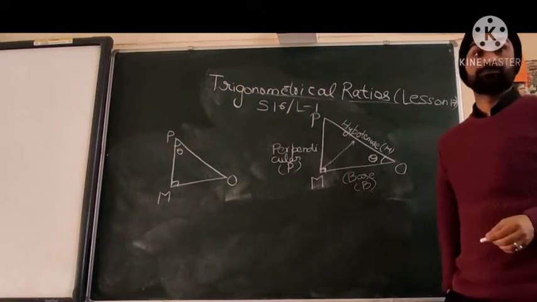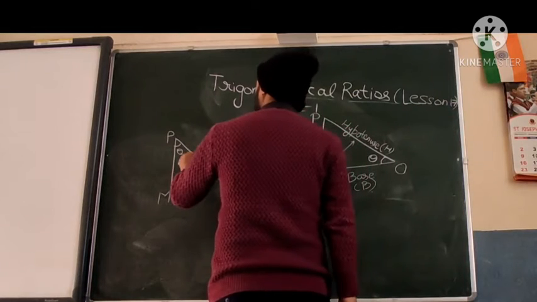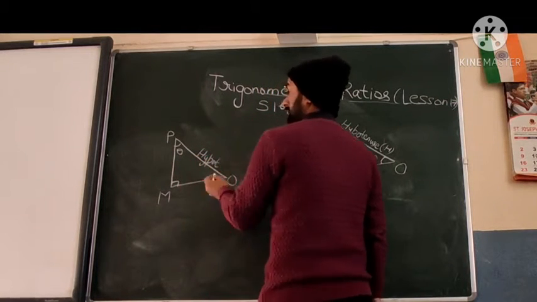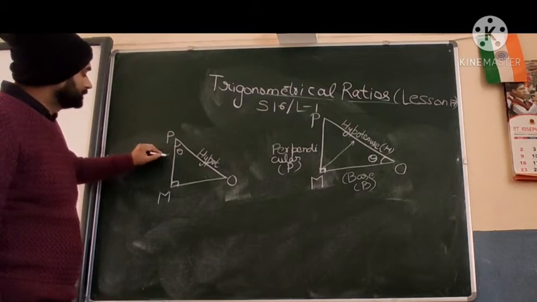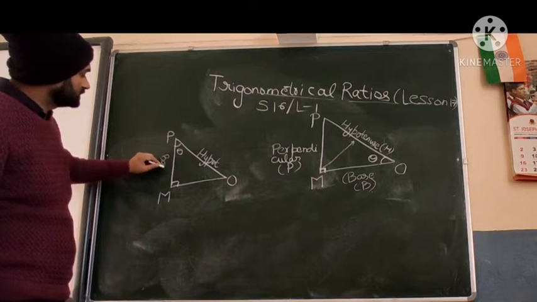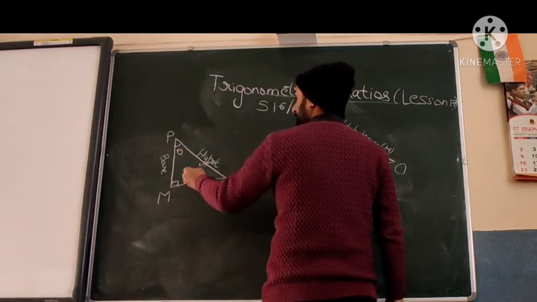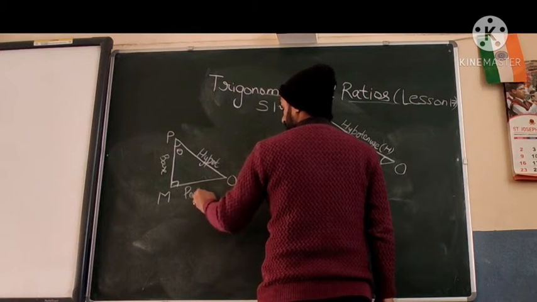Now see, hypotenuse will remain the same. This is hypotenuse. Now base is PM, so base also changes, and the side which is subtending the angle theta is called as what? Perpendicular.